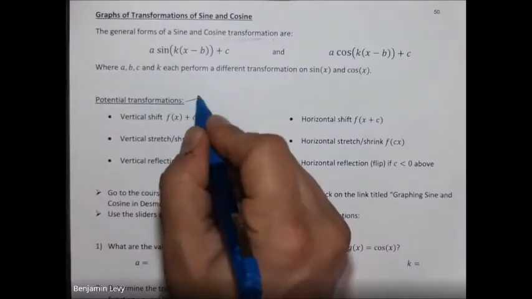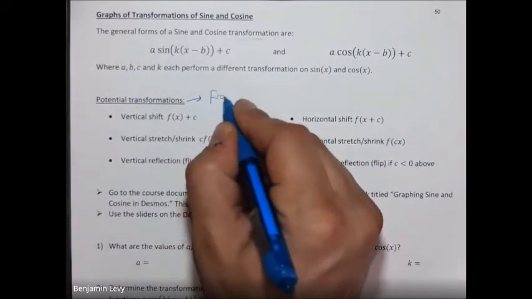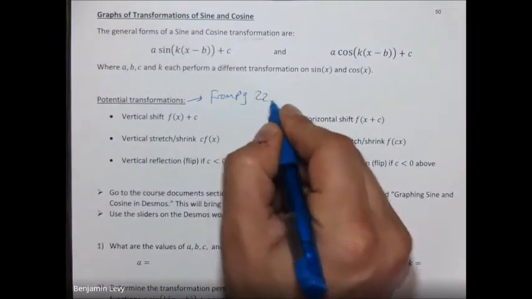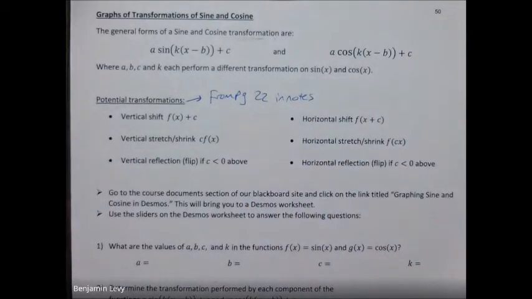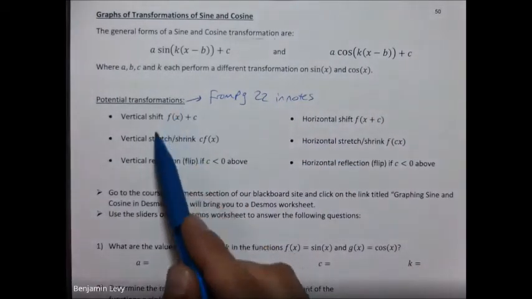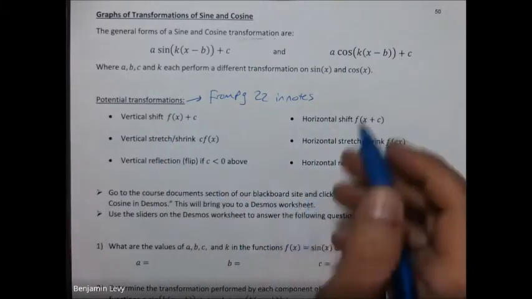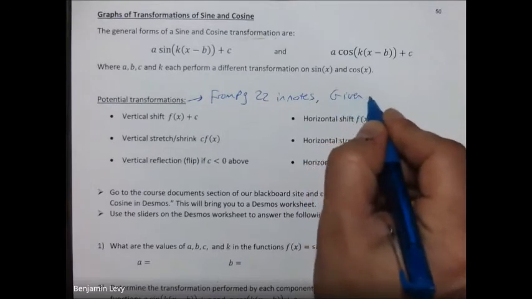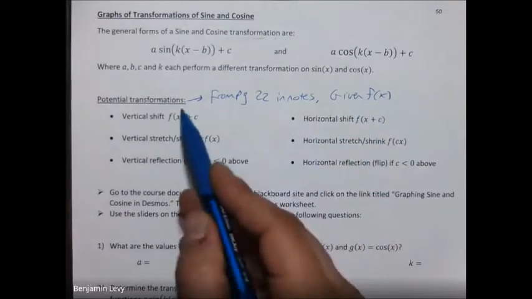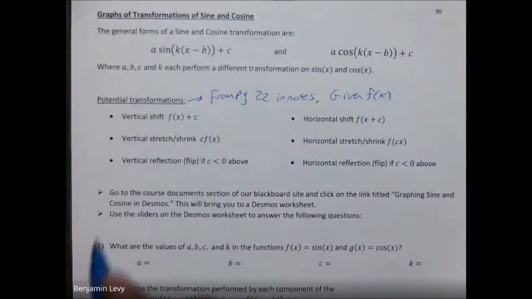If you look at approximately page 22 in our notes on function transformations, you'll see this information. Given a function f of x, you can do these transformations to those things.